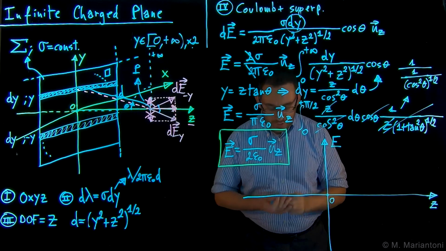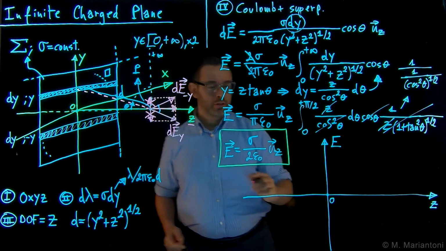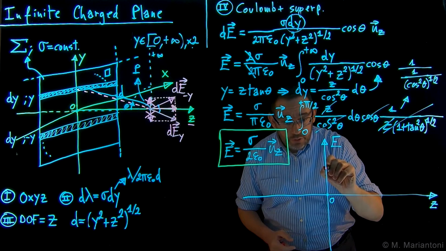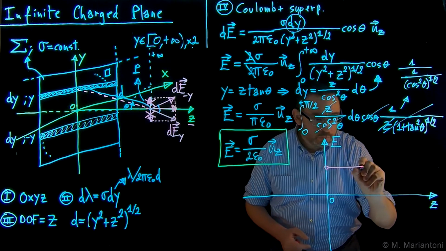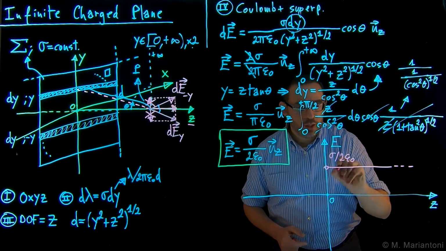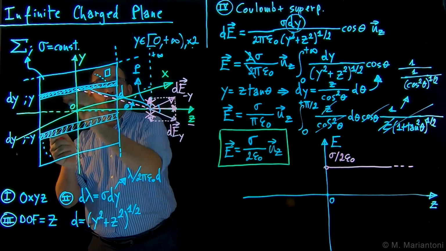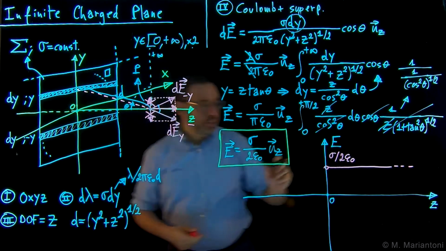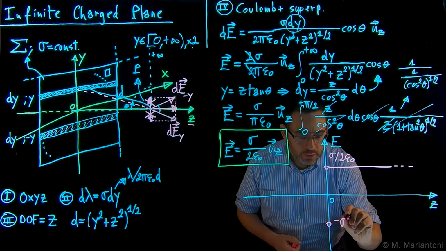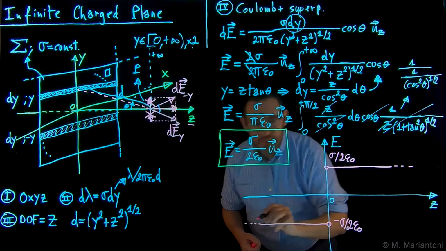In this case, the electrostatic field on the positive side, for z larger than 0, has a plus sign because the field points in the z direction. So we arrive at this point here, and this quantity is sigma over 2 epsilon naught. On the other side, the field is mirrored, so it points in the negative direction of z, with the same magnitude but a negative sign, minus sigma over 2 epsilon naught. And so it looks like this.